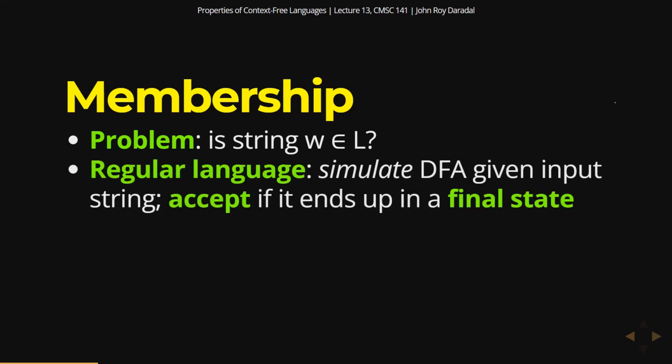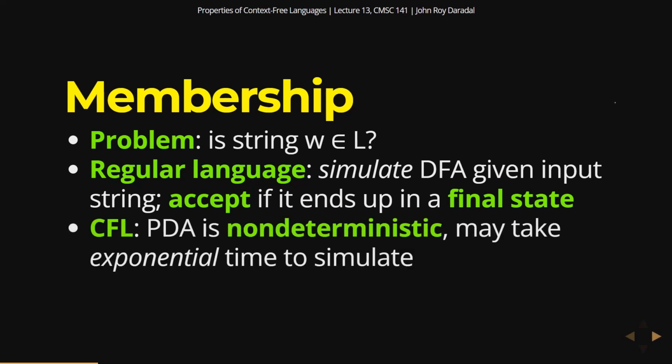Remember that for the regular language, what we did was we simulated the DFA given the input string and accepted it if it ends up in the final state. We can do this because it's deterministic. However, for our context-free language, if we do this with the pushdown automata, the pushdown automata is by default non-deterministic, right?